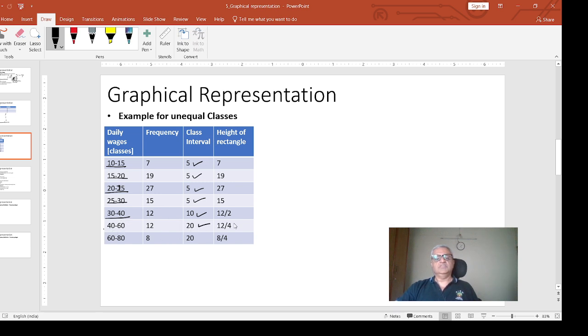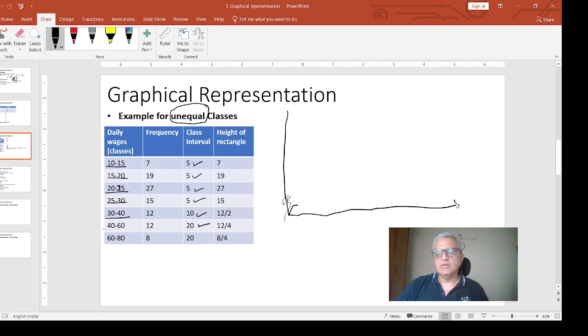Now, if you notice, in this particular data I have unequal classes. In that case, how do I draw a histogram? Let's try to depict it. This is my y-axis and this is my x-axis.